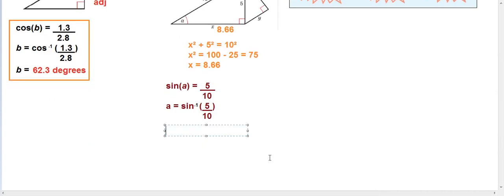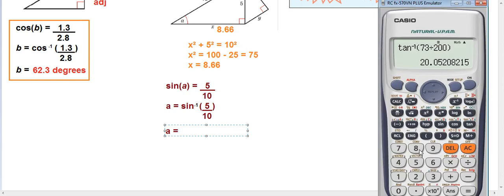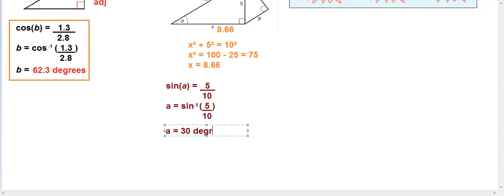So at the end, A is going to be equal to, let's take our calculators: shift sine to get the inverse function of sine, of 5 divided by 10. You can close the bracket if you want. Look, it's 30 degrees. So alpha is equal to 30 degrees.